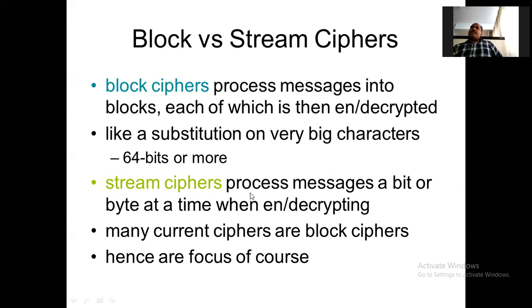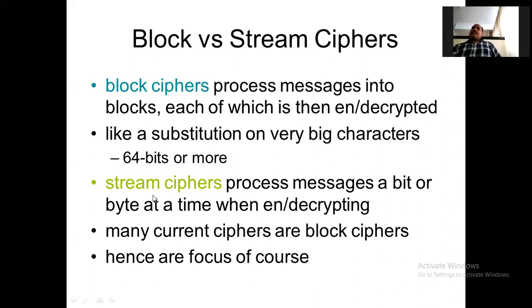Stream ciphers process messages a bit or byte at a time when encrypting or decrypting. So what is the difference between the block cipher and the stream cipher? Remember this one; you may get an MCQ question. The block cipher has a fixed size of input. It may be 64, 128, or 56 bits, whatever it may be.